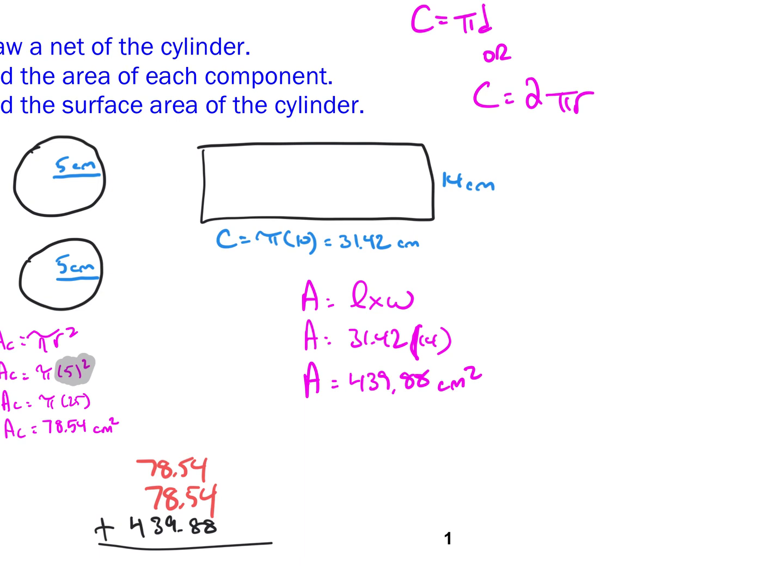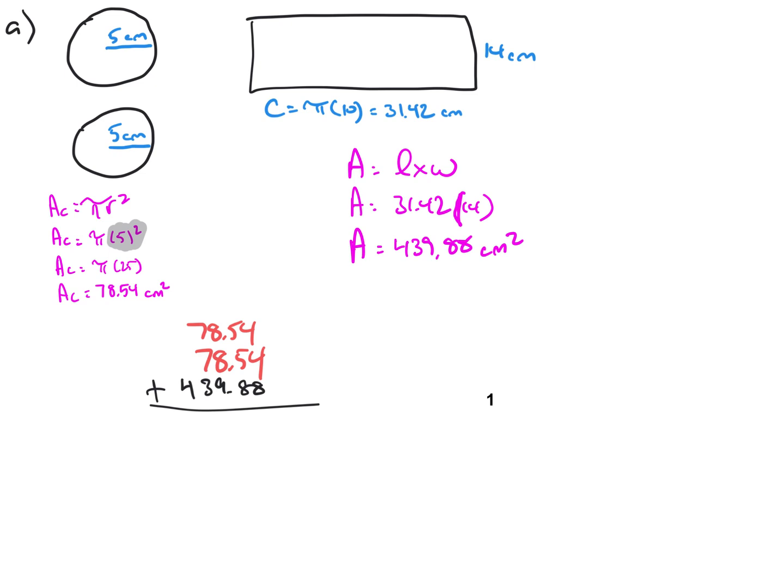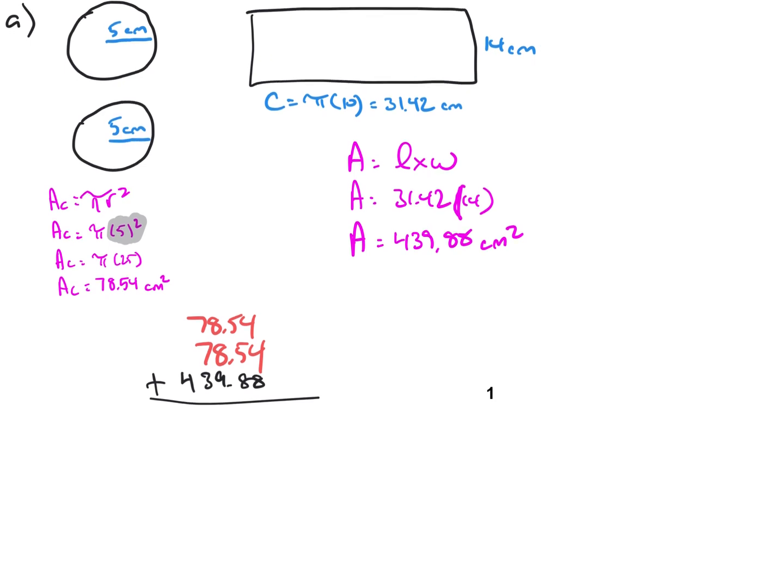And then we're going to add it to those areas of the circles that we just found. And that will give us the surface area of the cylinder. And I think that gives us an area of 596.96 centimeters squared. That is the surface area of the cylinder.